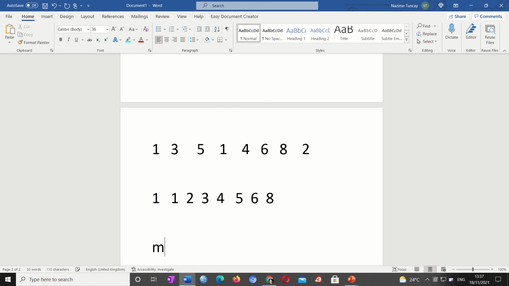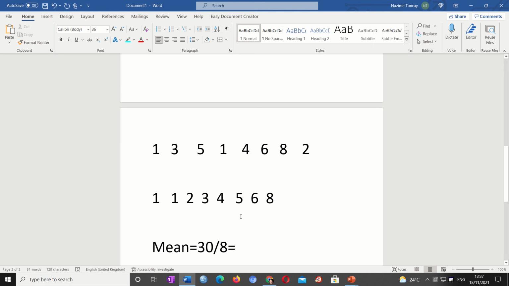So what is mean here? For finding mean, I have to add all these numbers and divide by 8. Let's add them: 2, 4, 7, 11, 16, 22, 30.